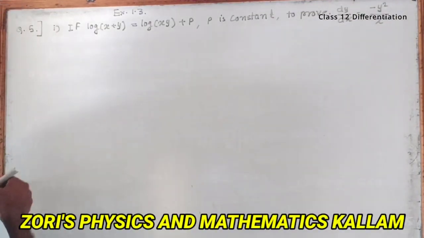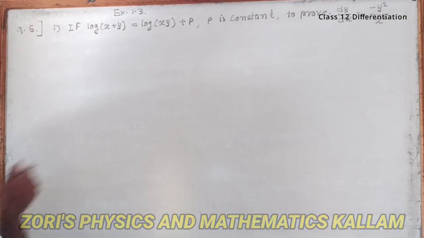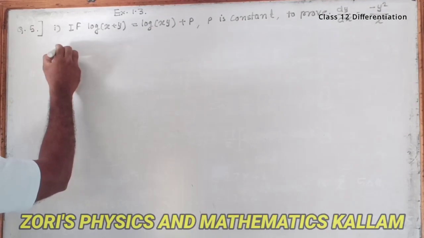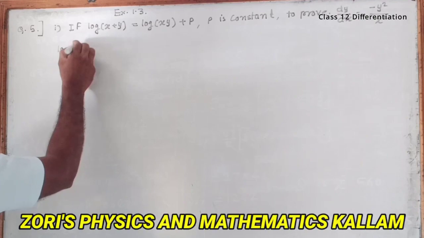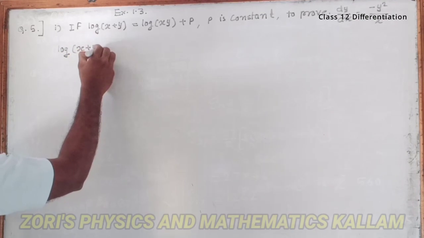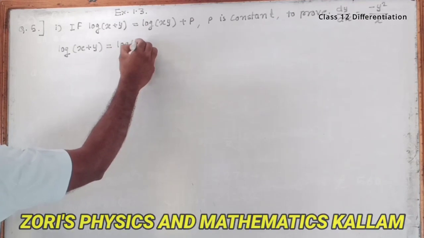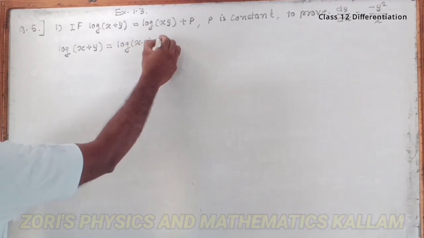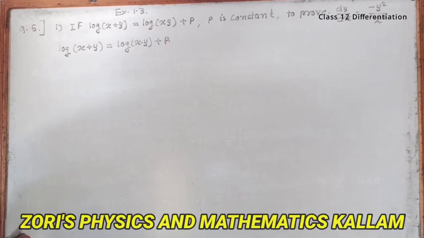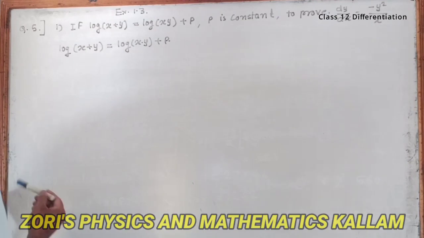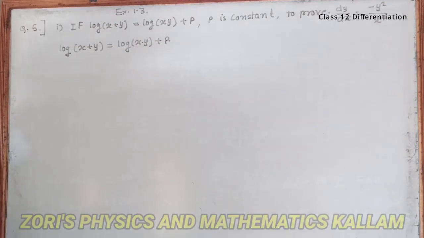First, we write down the given part: log(x + y) = log(xy) + p. After this, differentiate with respect to x.